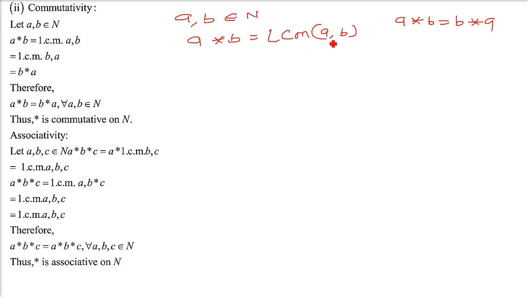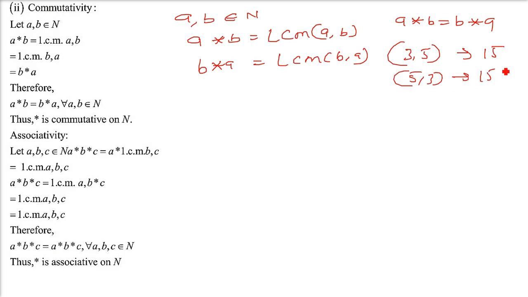The LCM of a, b and the LCM of b, a will be the same. If we take 3 and 5, the LCM of 3 and 5 and the LCM of 5 and 3 are both 15. So a star b is equal to b star a, that means it is commutative.